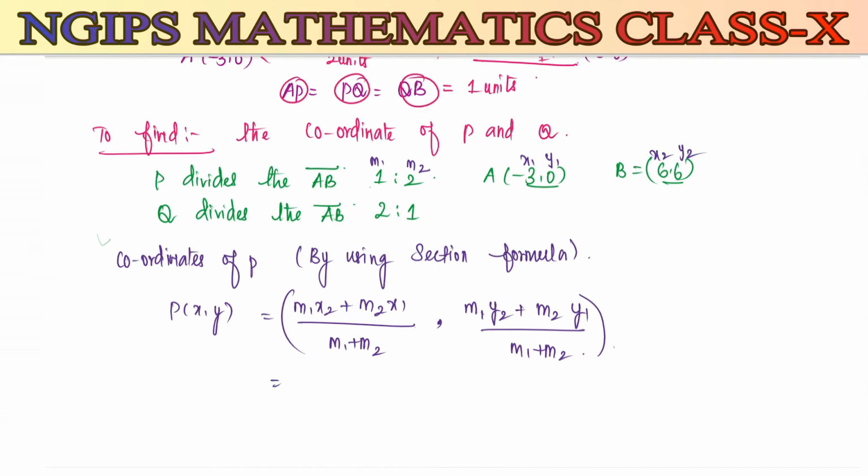Here if you substitute the values, m1 is 1, x2 is 6, plus m2 is 2, x1 is -3, divided by 1 plus 2. m1 is 1, y2 is 6, m2 is 2, y1 is 0, divided by 1 plus 2.